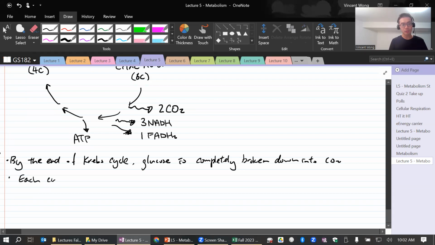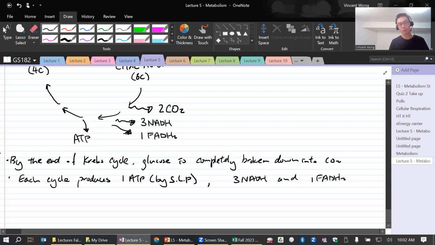Each cycle produces 1 ATP, again by substrate level phosphorylation, and 3 NADH, and 1 FADH2.